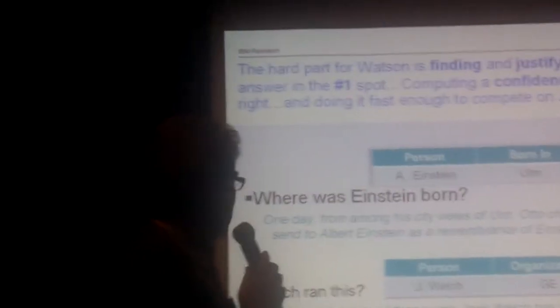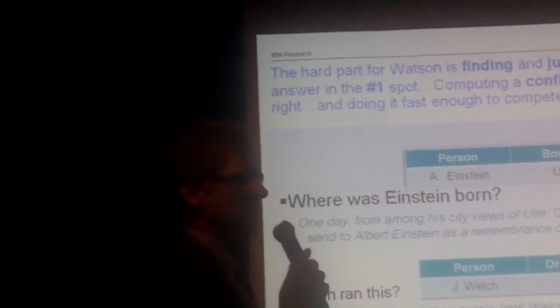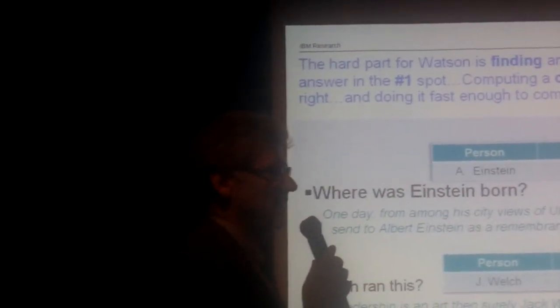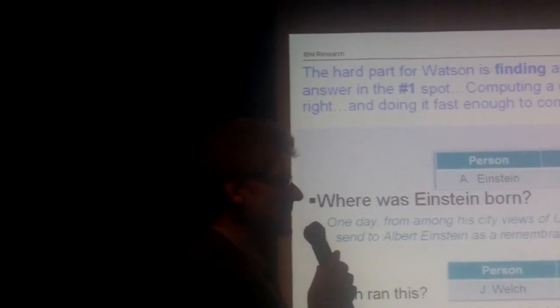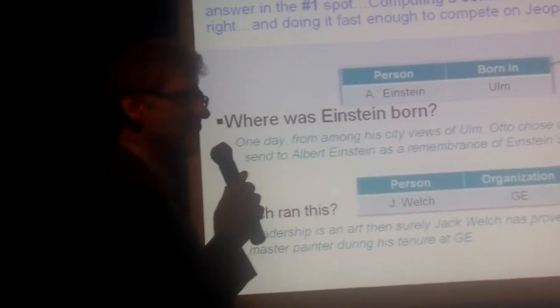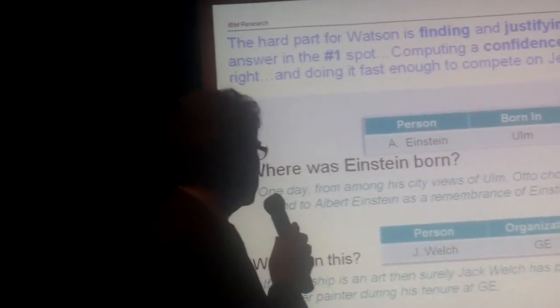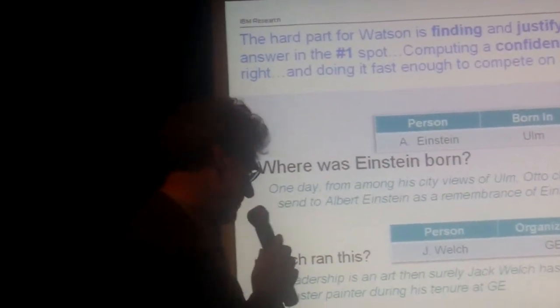If leadership is an art, then surely Jack Welch has proved himself a master painter during his tenure at GE. I mean, someone who wasn't very sophisticated might think that Jack Welch was an artist reading this. I mean, it's a challenge to pull out of this that this means that Jack Welch was the head of GE.